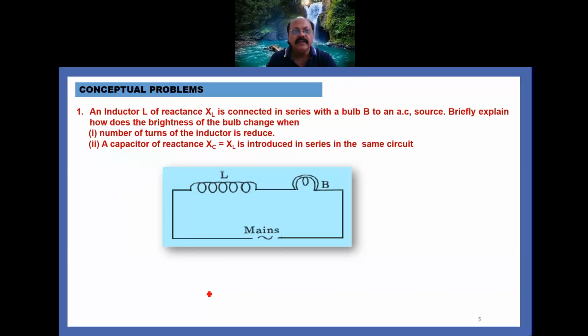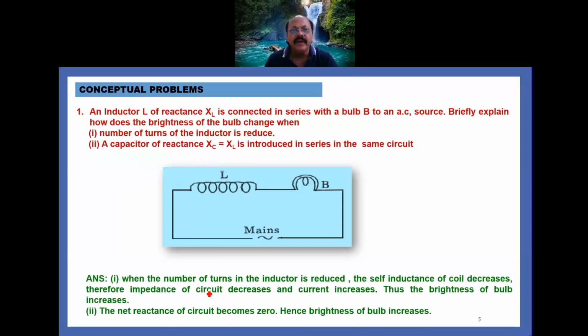Let us see the answer. When the number of turns in the inductor is reduced, the self-inductance of the coil decreases. Therefore, the impedance of the circuit decreases and the current increases. Thus, the brightness of the bulb increases.